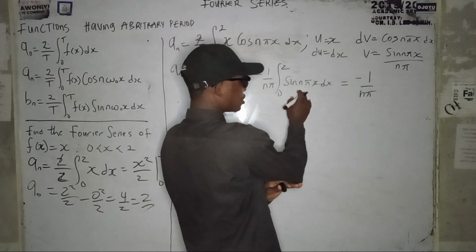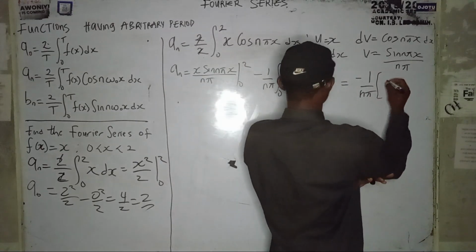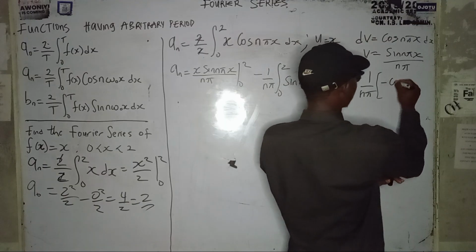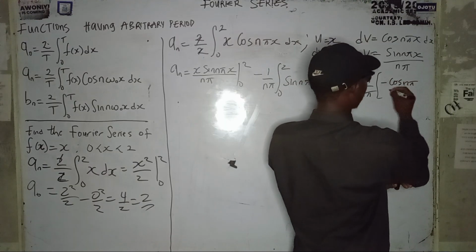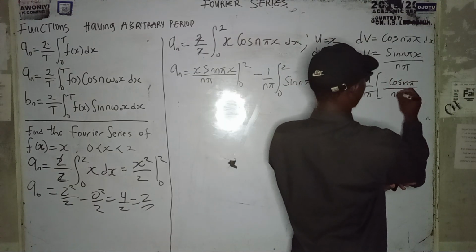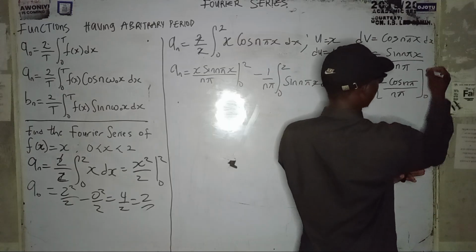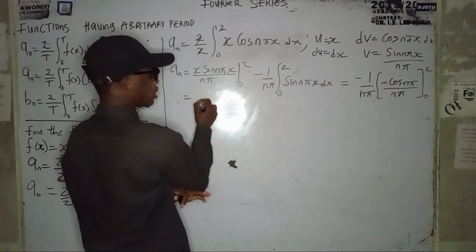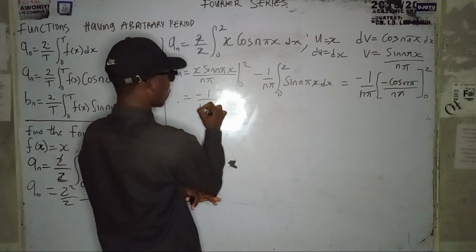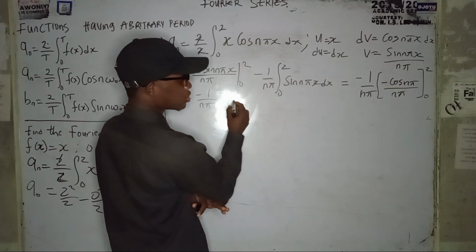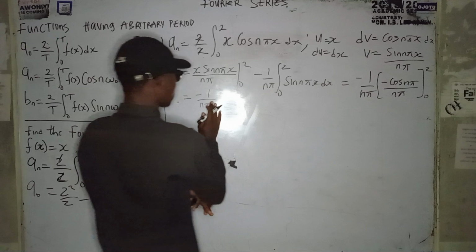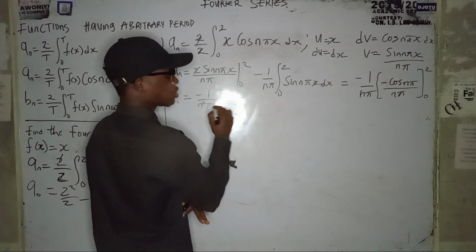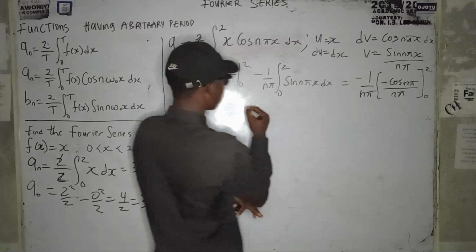And if you integrate this, it's going to give us minus cos n pi over n pi, and we have it from 0 to 2. So we just continue this and we have it as minus 1 over n pi, and the n pi we can also bring it outside, so that is n square pi square of cos.